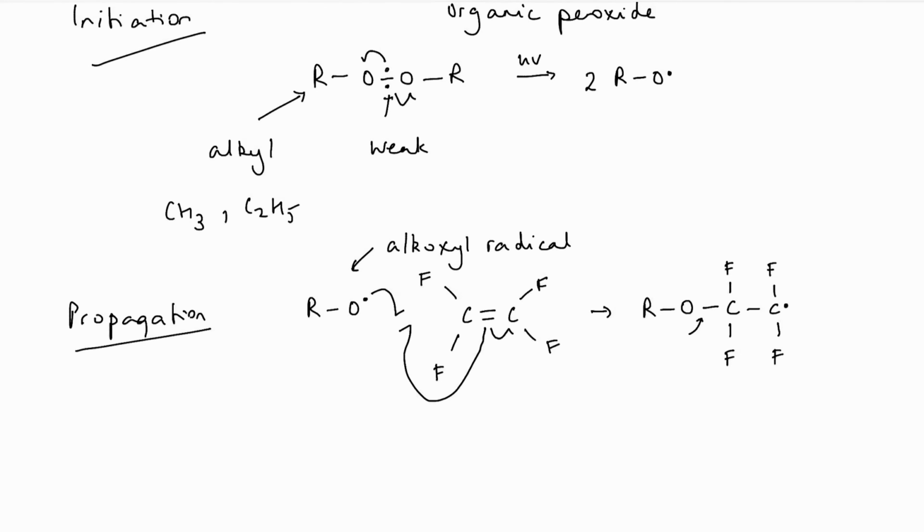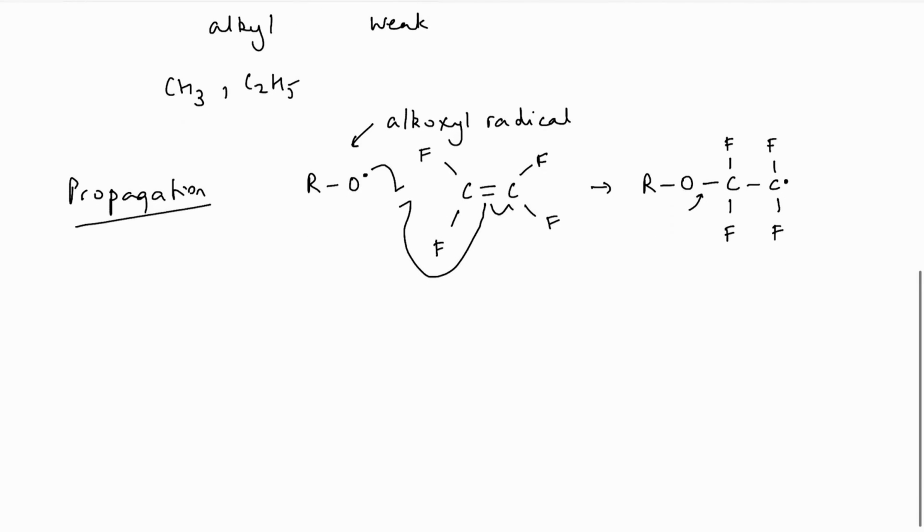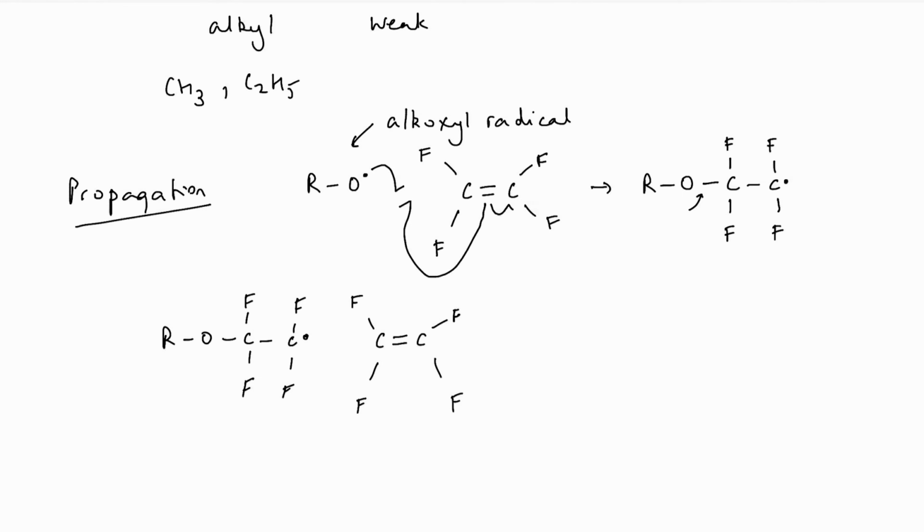So we've got a chain reaction going on, and hopefully we'll be able to see that next step we would have fluorines, carbons and fluorines, and that will bump into, because we're going to have a high concentration of the tetrafluoroethene, to form the next step in the chain.